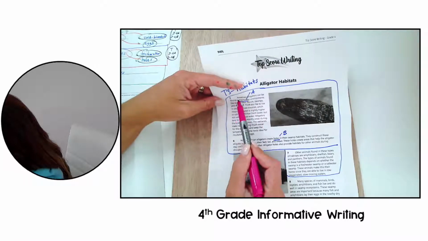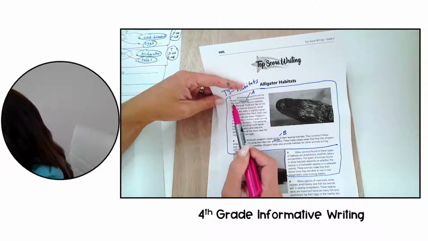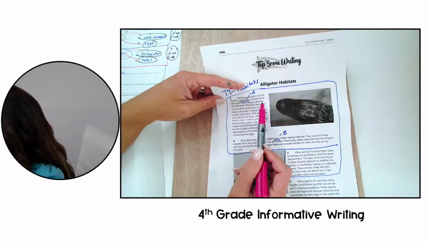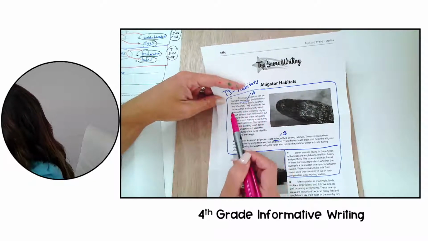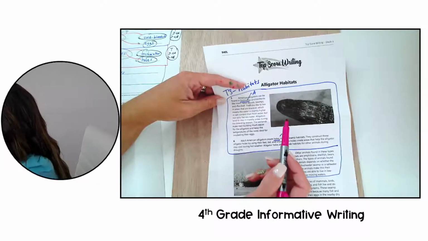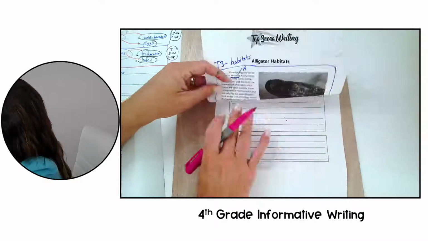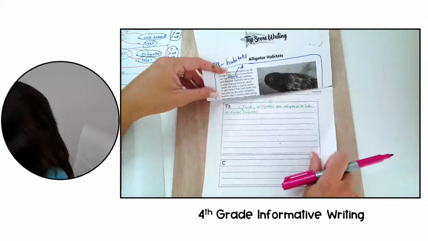If you look right here, it says American alligators can be found in freshwater environments like rivers, lakes, ponds, swamps, and marshes. They also like to live in areas that are brackish, which means the water is slightly higher in salt content than fresh water. So I'm going to take that and paraphrase it into my own words.